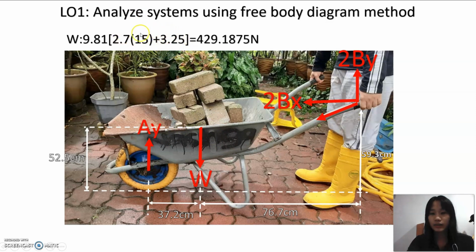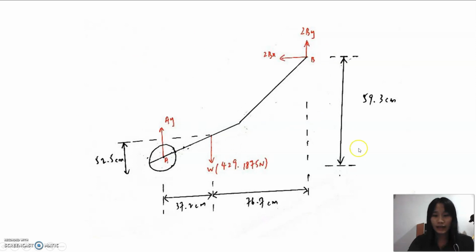However, this unit is in kg, and in order to get the answer in Newtons, we need to multiply it by 9.81. Finally, we get the answer of 429.1875 Newtons.